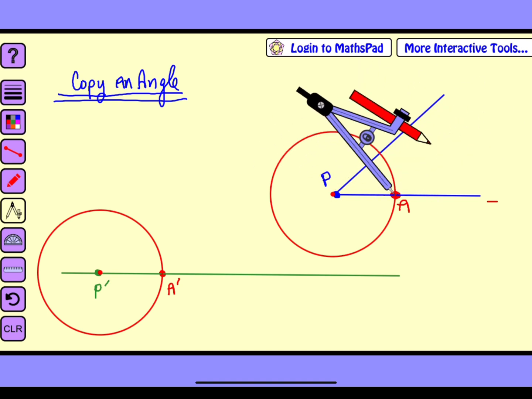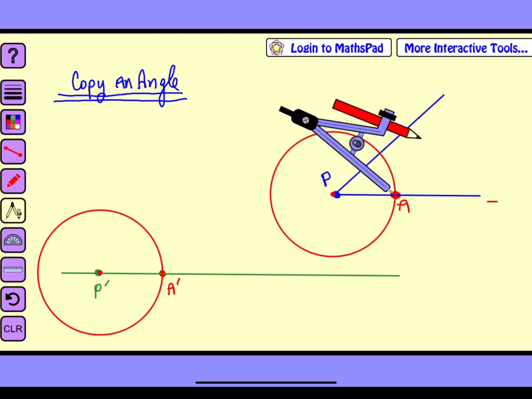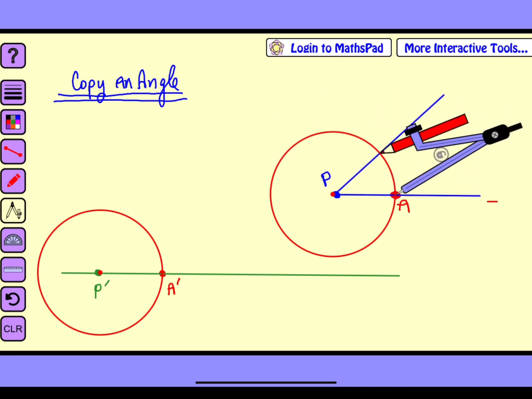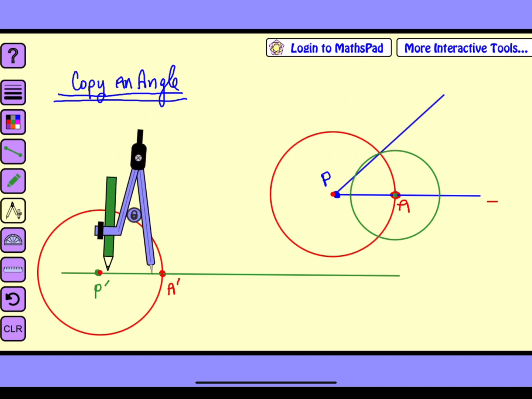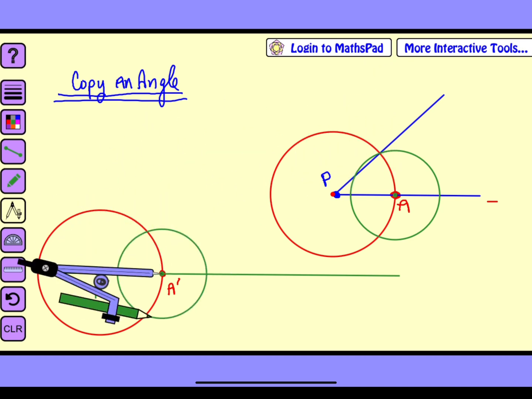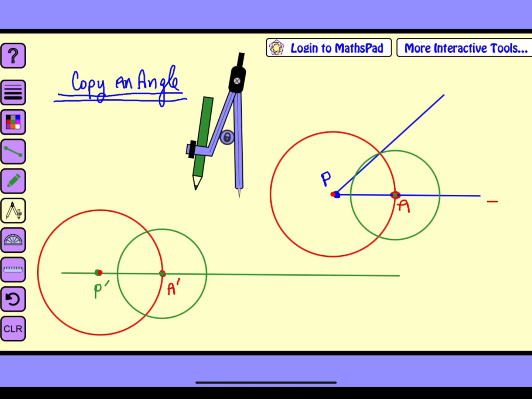Now, the tricky part is once you have this circle on the angle, it creates two points which you can measure with the compass. From point A, there's another point on there which we can mark, and so the way that I can find this on my copy is creating a circle around point A and doing the same circle down on A prime. Now I can find the intersection of those two circles, and that's going to be where I can copy point B prime.